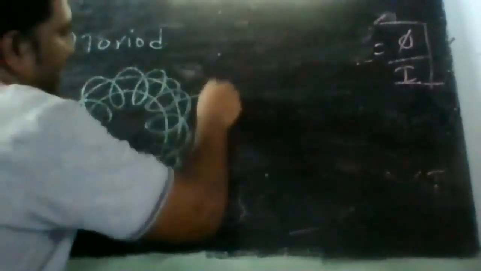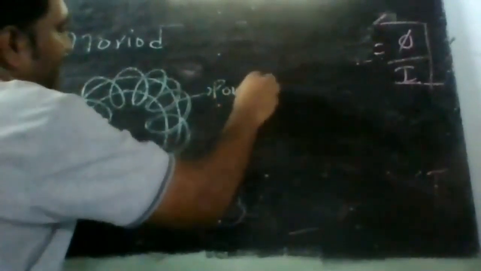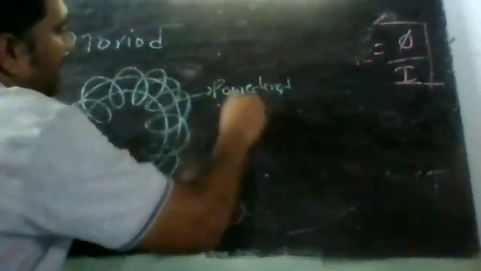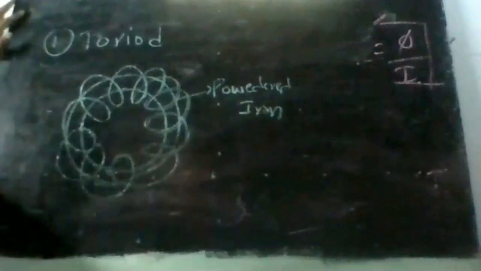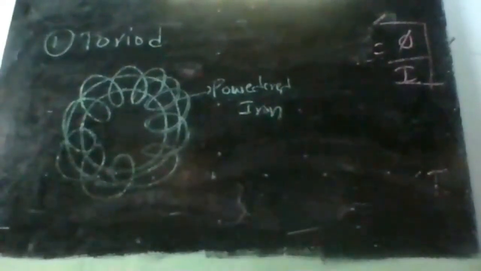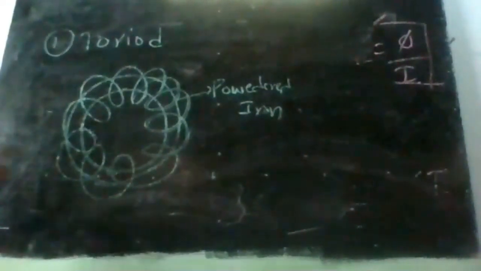This circular ring is generally constructed with the help of powdered iron, because it has better magnetic properties.